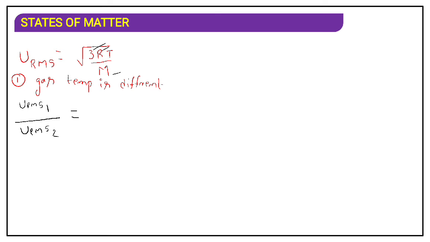Why? Because 3 is a numerical value which is constant, R is always the gas constant, M is only one gas. Same gas, the temperatures are different. Then it becomes square root of T1 divided by T2. That is the first condition.